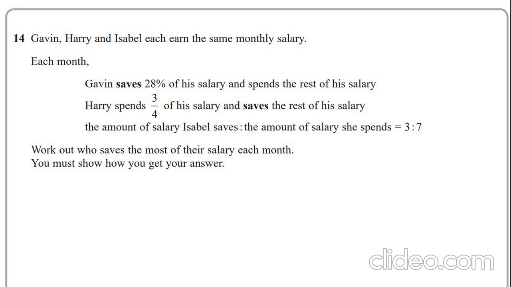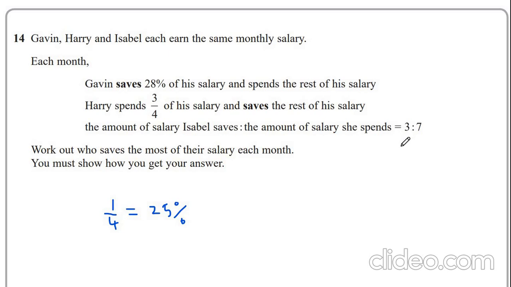Harry spends 3/4 of his salary and saves the rest of his salary. So Harry saves 1/4 of his salary. 1/4 is 25%. The ratio of the amount of salary Isabel saves to the amount she spends is 3 to 7.